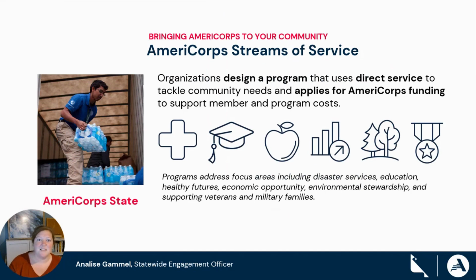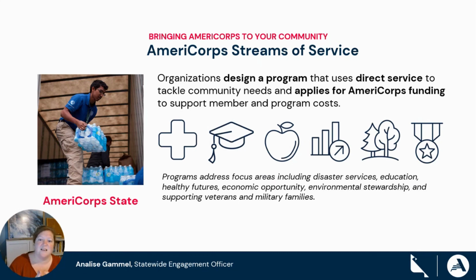Today, we're going to talk mostly about AmeriCorps State, or AmeriCorps State and National, as you'll hear it talked about. Samantha described this last week, but it's where organizations design a program that uses members in direct service to tackle community needs, and is more of a funding relationship than VISTA or NCCC. With VISTA or NCCC, you're focusing more on having members come serve at your site.